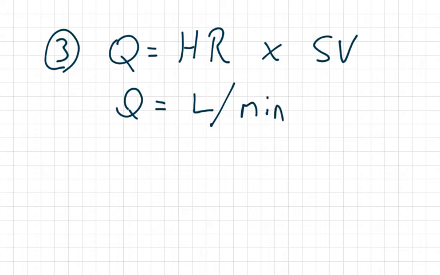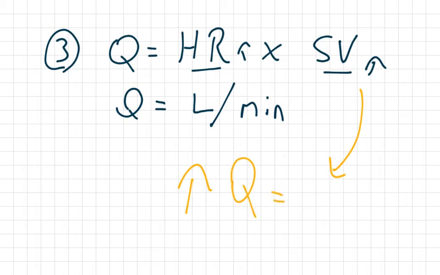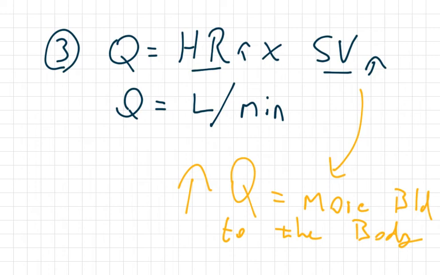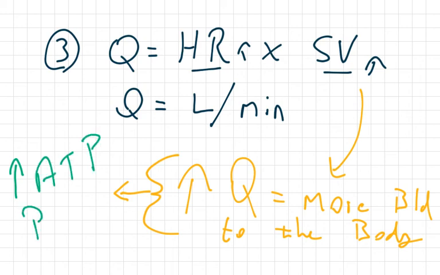So if we have an increase in heart rate or an increase in stroke volume, that means we'll have an increase in Q, which means more blood to the body. And bottom line, what happens if we have more oxygenated blood pushed to the body? That means we have the potential for increased ATP production during exercise. That's why this is all important.